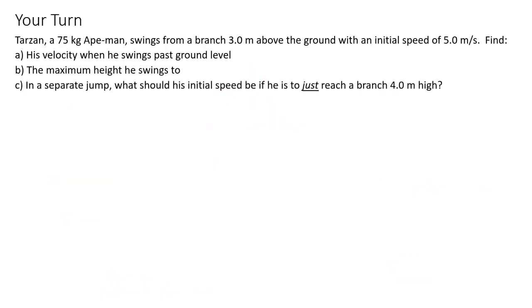Okay, so your turn. Here we have Tarzan. Tarzan is a man who swings from a branch that's 3 meters above the ground. So you can think of, here's our Tarzan. He's going to be swinging from a branch that's 3 meters above the ground. Okay, we know that Tarzan's going to swing.